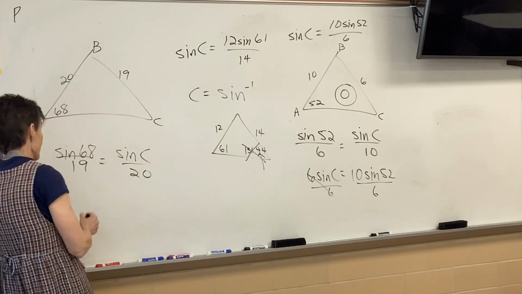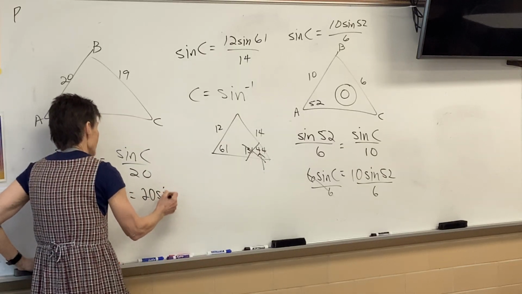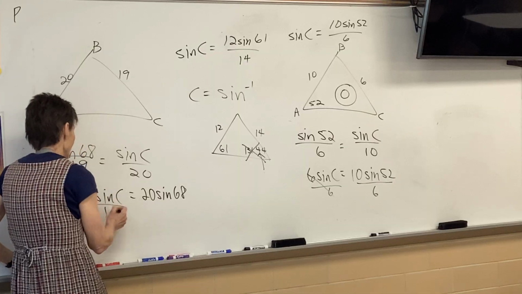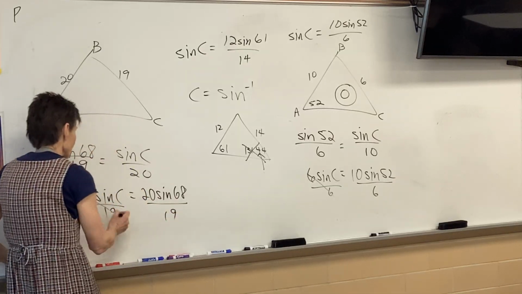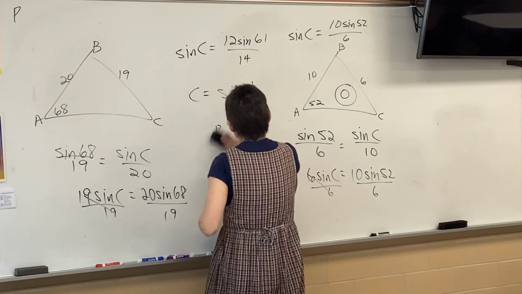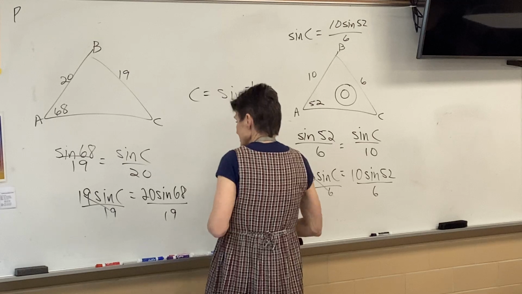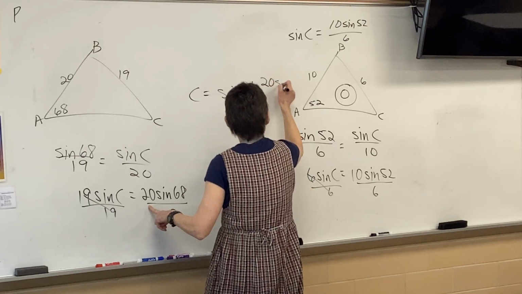But it's possible. All right, 19 sine C equals 20 sine 68. And divide by 19. And I am going to second sine that fraction.